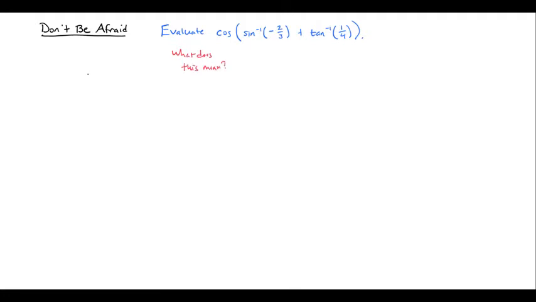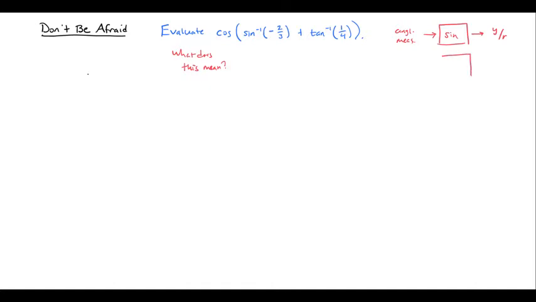Because this is a good illustration of a general principle about how to deal with stuff like inverse sine and inverse tangent. All right, so just as a reminder, sine takes angle measures and spits out a y-coordinate or a ratio of y to r.